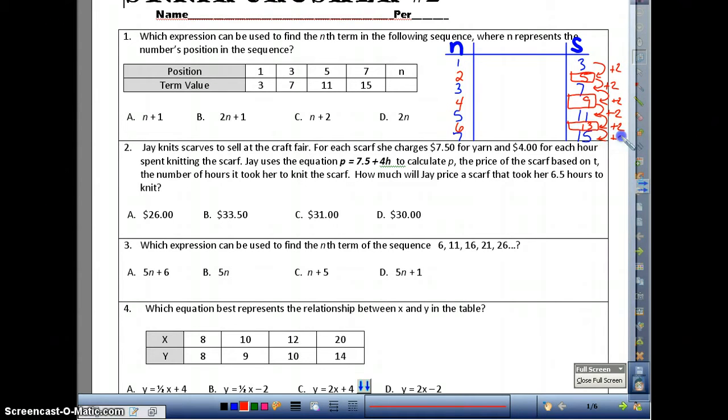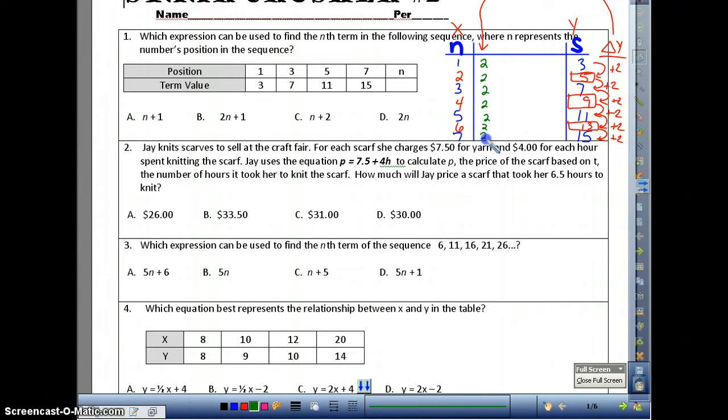Okay, so now I know what the change in my y values is. If this was an xy table, the change in my y's is 2. So I told you guys in class what you want to do is take that change in your y's and put them right here. So we're going to make this 2, 2, 2, 2, 2, 2, and 2.